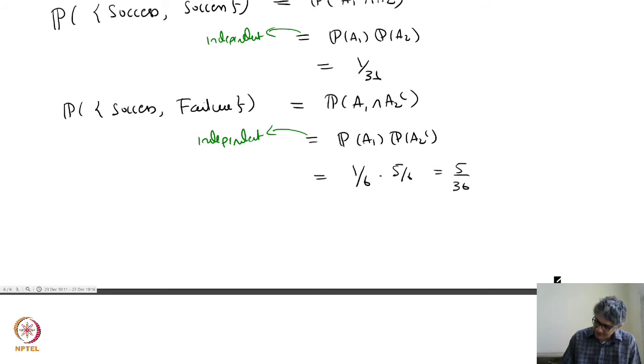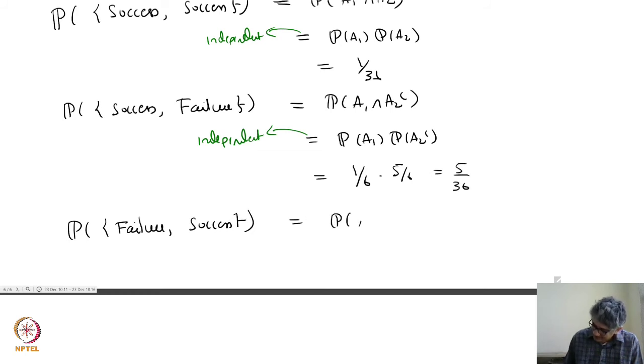Then I do the same thing. Since I'm on the iPad, maybe I'll write it down. So probability of failure and success. Let us fail in the first one, which is the same as A1 complement and A2.